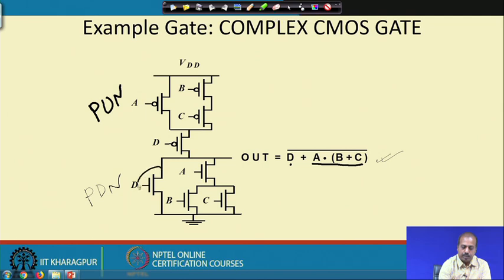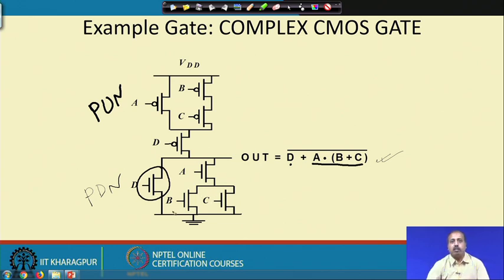In A into B plus C, after A the remaining part B plus C will be in series with A. Since there is a plus between B and C, these two transistors will be in parallel.